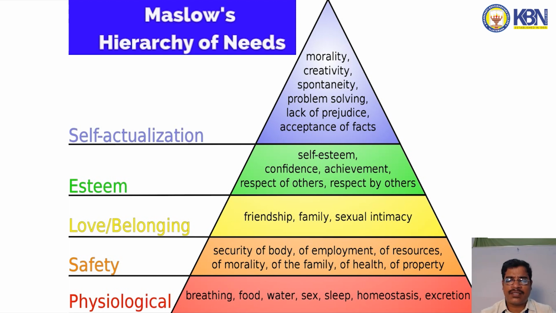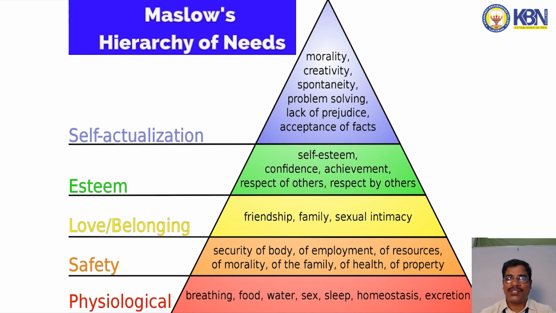Physiological needs in the sense we have breathing, food, water, shelter, clothing, right? All these things are required. All these are the basic amenities which help the individual lead his regular day-to-day life.